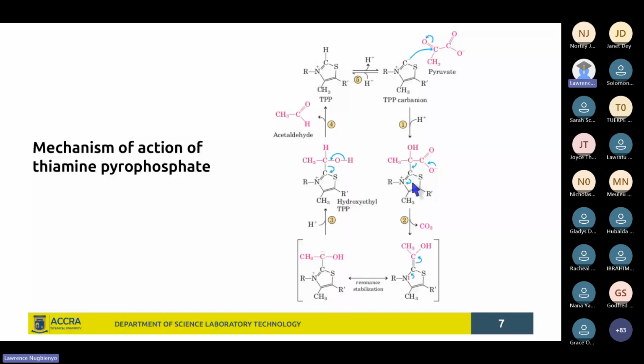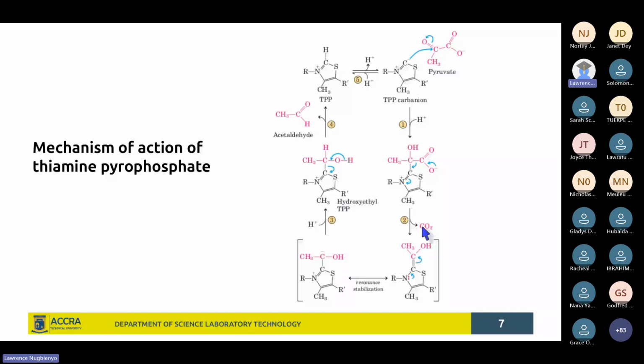And from there, you have a carboxylic acid group being removed. So you see reaction number 2, you see that carbon dioxide is going out. That is the decarboxylation reaction. We did say pyruvate decarboxylase. That's the enzyme that is acting.